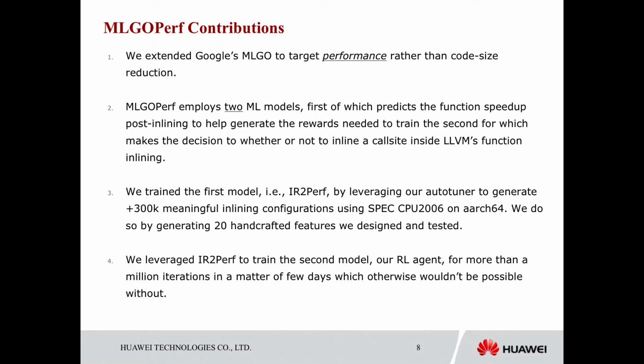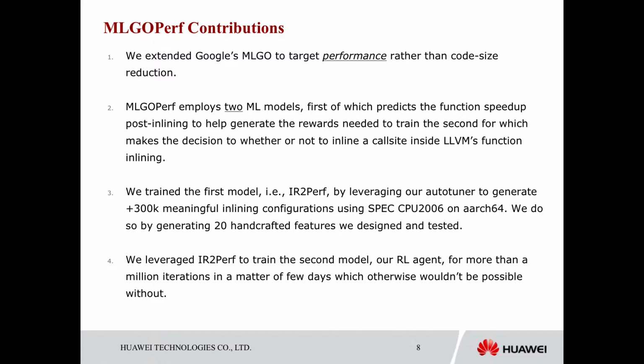With that in mind, IR2Perf needed to be trained, and we leveraged our auto-tuner to generate around 300K-plus meaningful inlining configurations, for which we used the SPEC benchmark on ARM.